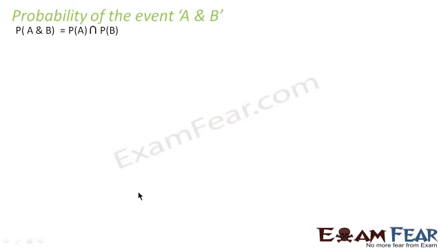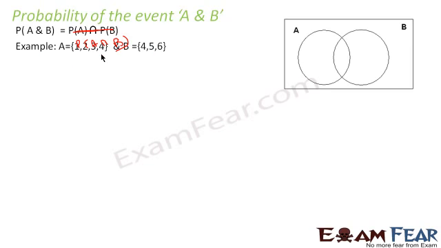Similarly, for A and B, typo here, it is P of A intersection B. So let's take this example again. A has 4 common, so I'll put 4 first, then 1, 2, 3, and 5, 6. Or we can solve this another way.